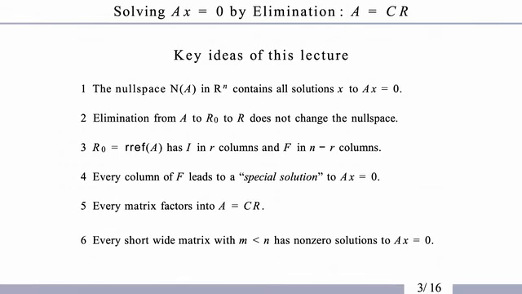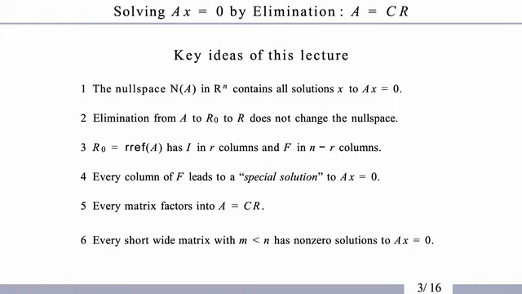So, okay, here are key ideas of the lecture. So the null space, so now you see it in writing, the null space is all the solutions x to AX equals 0. Remember, x is a vector. And elimination is the key, and it keeps the same null space. And the MATLAB command is RREF of A. That's the command that does elimination. And we'll see the identity matrix.